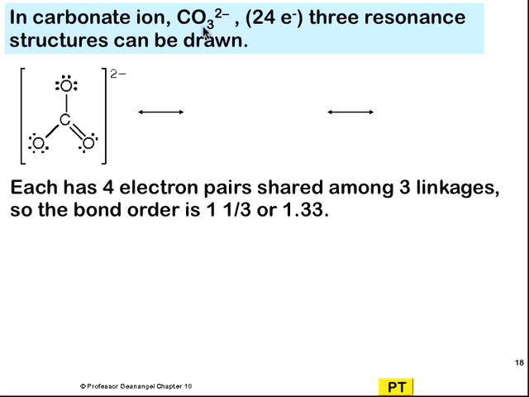Okay, let's look at the carbonate ion. After 4 steps, the carbonate ion Lewis dot structure looks like this. There are 2 carbon-oxygen single bonds and 1 carbon-oxygen double bond. So we know the carbonate ion will be involved in resonance, and the resonance structures will differ in where the double bond is. So I'll draw one of these for you.